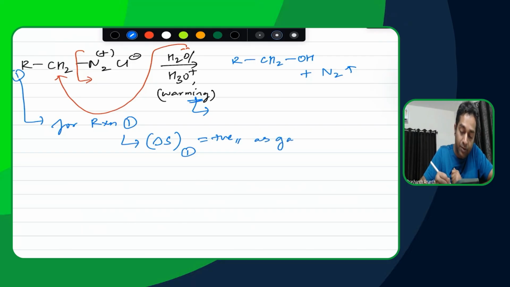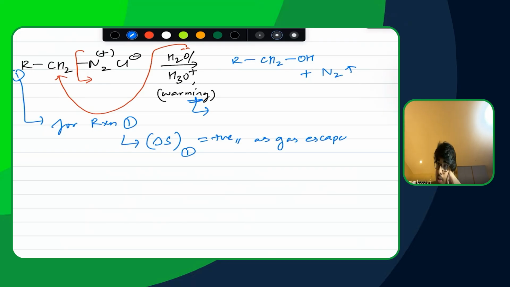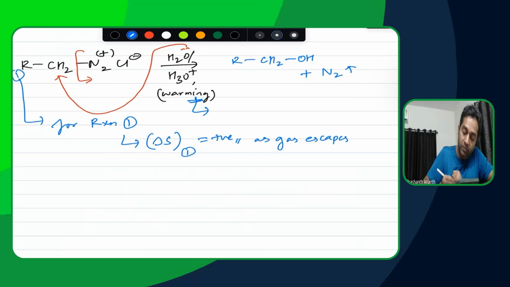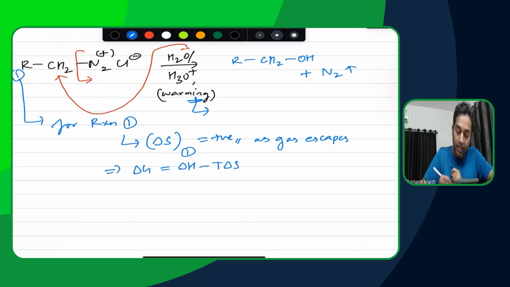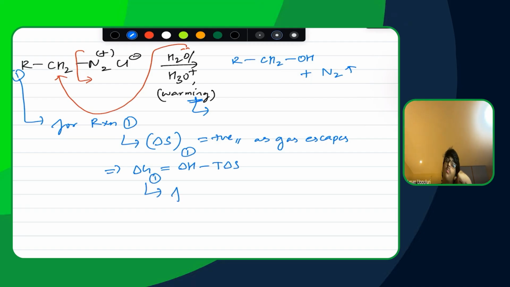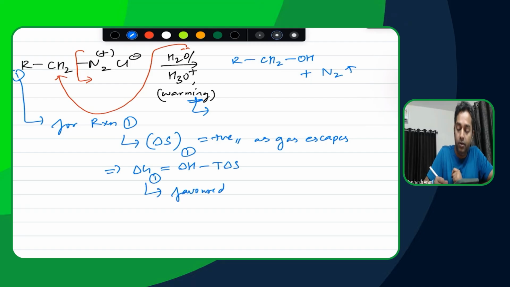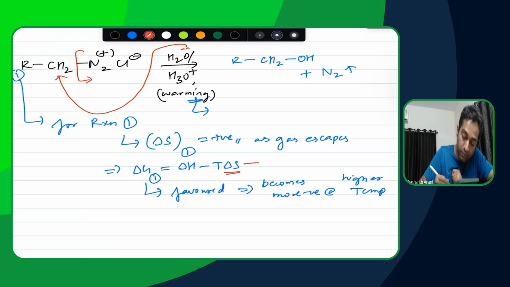As gas escapes, delta Ng is positive. This means we will have delta G, which is delta H minus T delta S. Delta G of reaction 1 is favored, which means it becomes more negative at higher temperature. Why? Because delta S is positive.